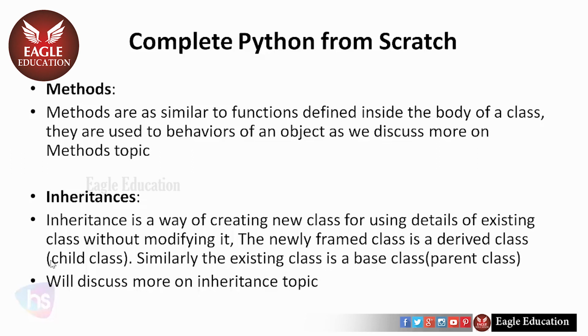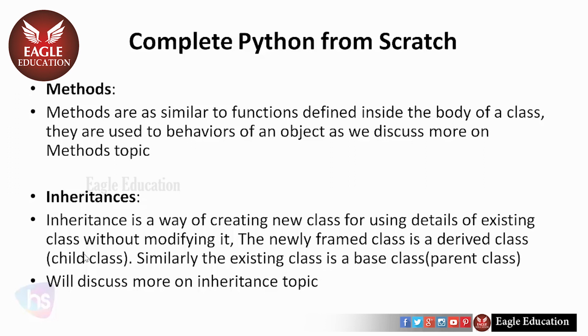A function written without a class we call a function. We call it a method when we invoke it through an object of the class. All right, that is the slight difference between these two.